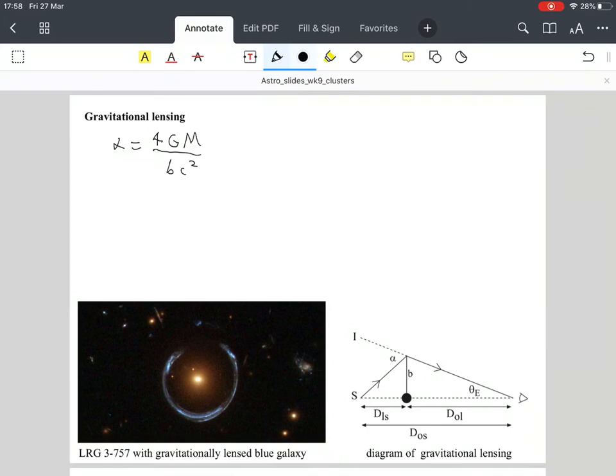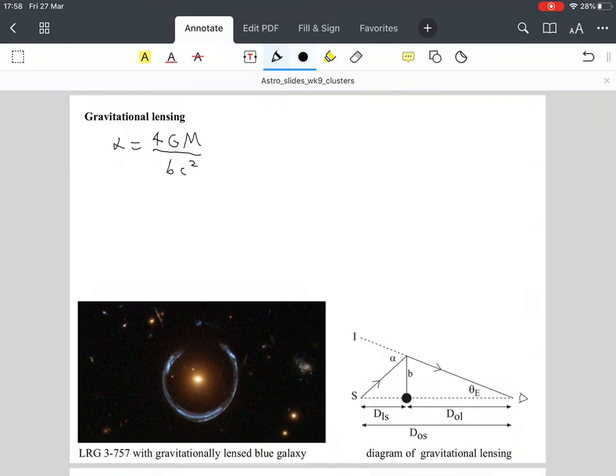is related to that distance over which the light traveled when it was being bent and then bent around towards the observer. And this is where geometry comes in, because you want to relate that b in terms of things that you can measure, which are shown as the distances from the observer to that central object, that black dot, D_OL, and also that distance from the black dot to this galaxy behind it, which is S, D_LS.